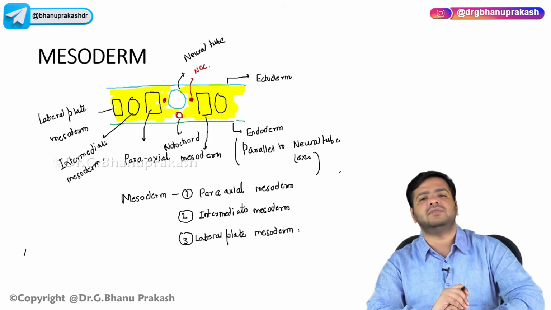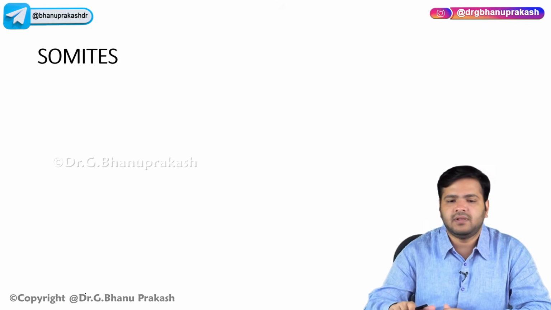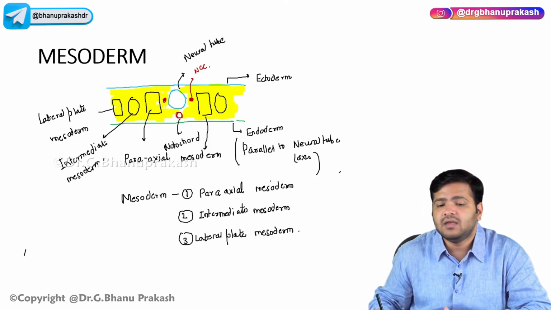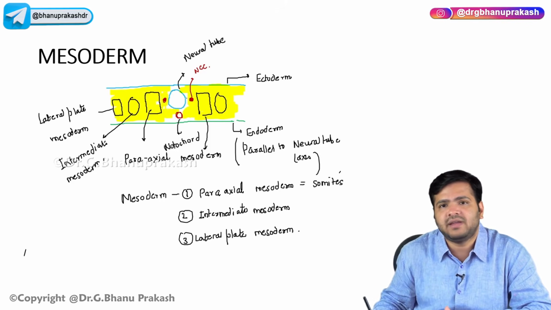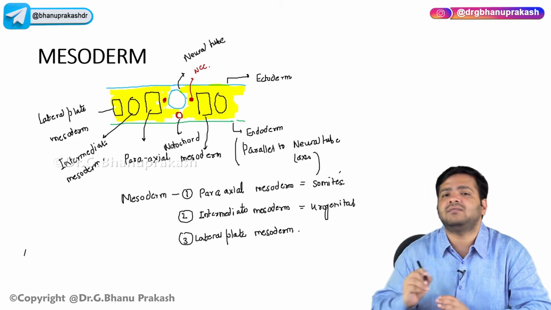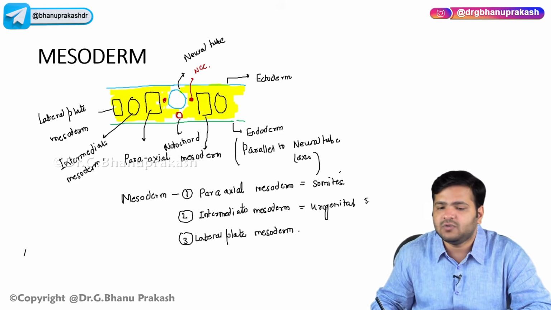Now let us discuss all these mesoderms in detail. The paraaxial mesoderm will give rise to somites, right? The intermediate mesoderm will give rise to the urogenital system, the kidneys and the genitals, the testis and the ovary.